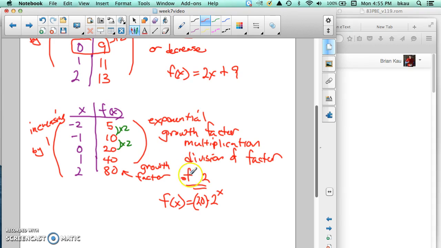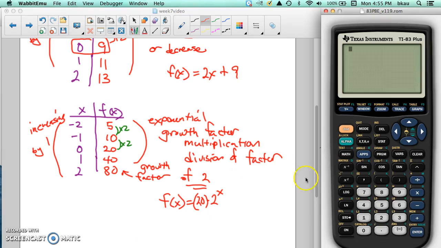If I put -2 in here and raise 2 to that power, let's just double check that. I have this graphing calculator here ready to go. So I have 20 times 2 to the -2 power.